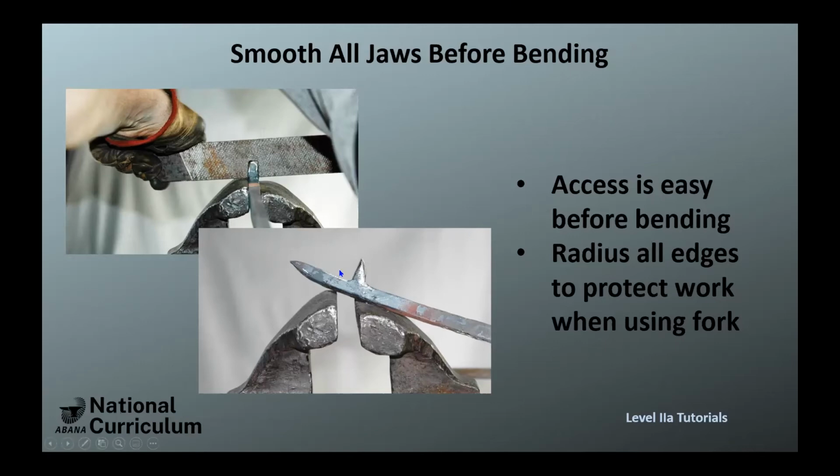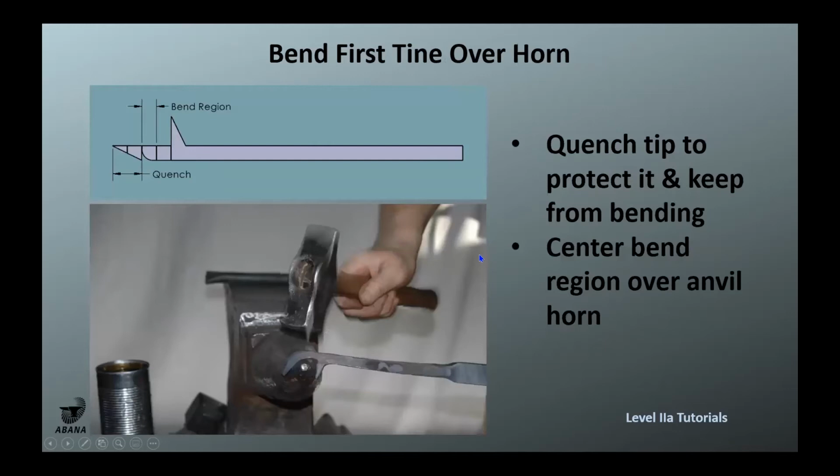And then also down in the crotch of this jaw here, that's going to be touching the outer edge of our scroll material too. So we want to kind of radius that and soften all these edges. By the time you get this bent to a 1/2 inch, you can't hardly fit a file in there at an angle to radius this. So it's a lot easier now when you can hot rasp it.